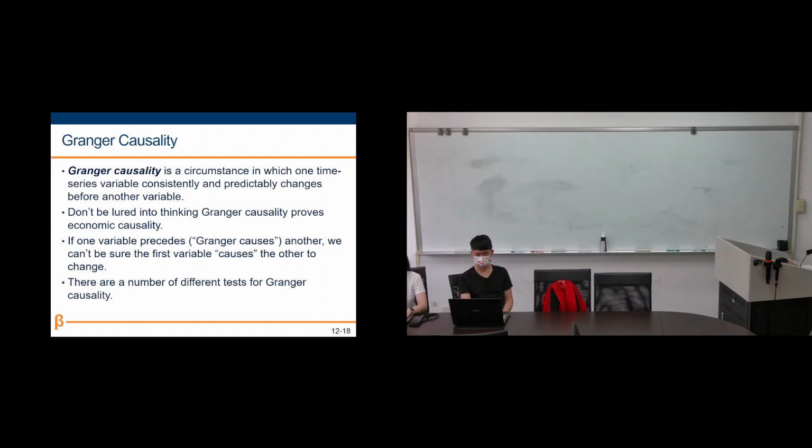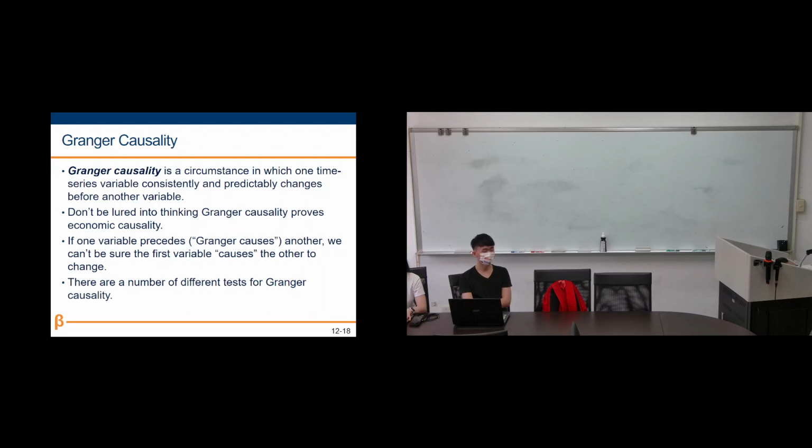Therefore, if we have the evidence to show that one of the variables always happens before the other variable, then we can say factor A always precedes factor B. Then we can say A Granger-causes B.